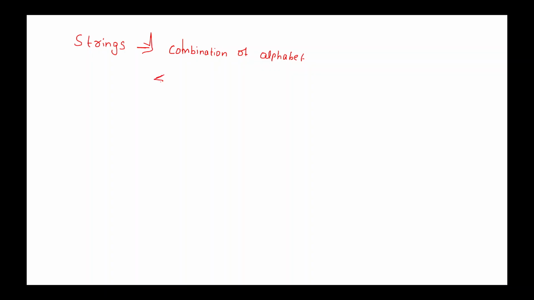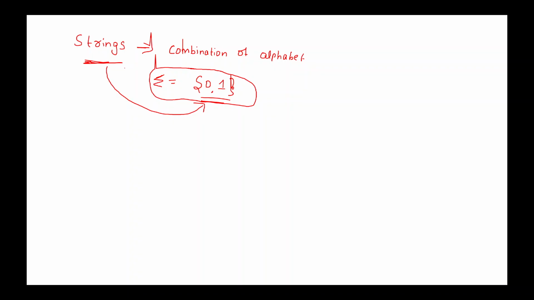Suppose I have an alphabet which says 0 and 1. This alphabet only consists of 0 and 1. So whatever strings we are going to make must only be formed using these two digits which are present in the alphabet. Whatever alphabet we define, using only those symbols we are going to form strings.